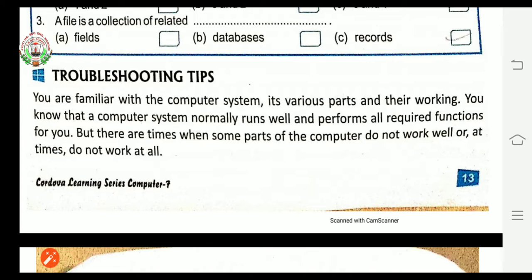But sometimes you are doing some work and the computer is not doing that particular work nicely, or you give an instruction and the computer is not working at all, nothing is happening in the computer system.